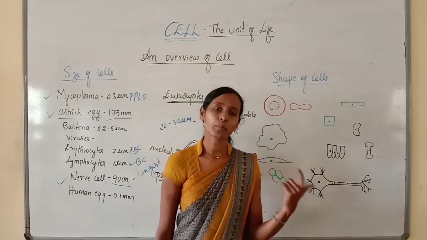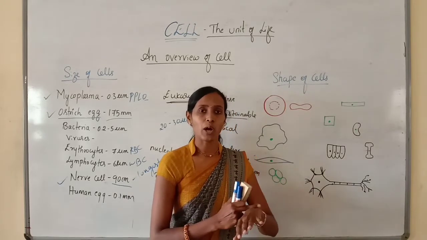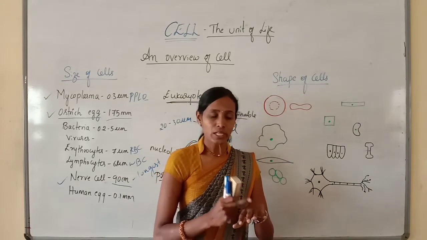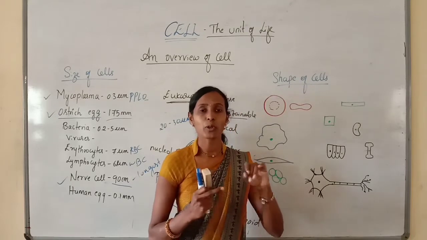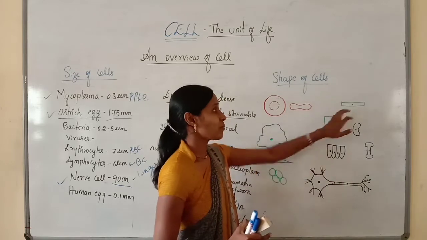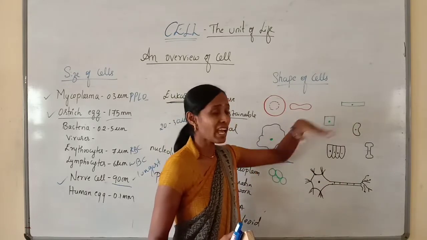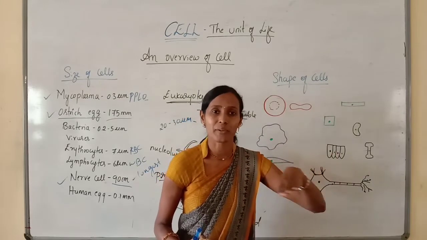How does it depend upon the position? For example, take the outermost skin. In the skin, the surface cells are called epithelial cells, and epithelial cells are always flattened cells, as they are present on the outer surface.